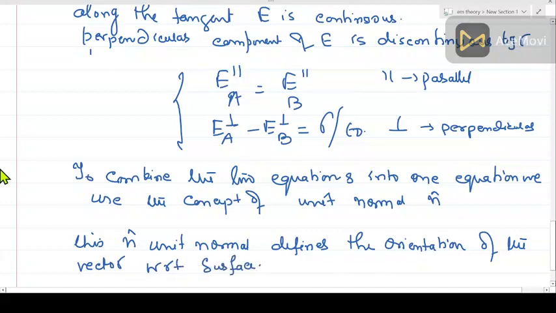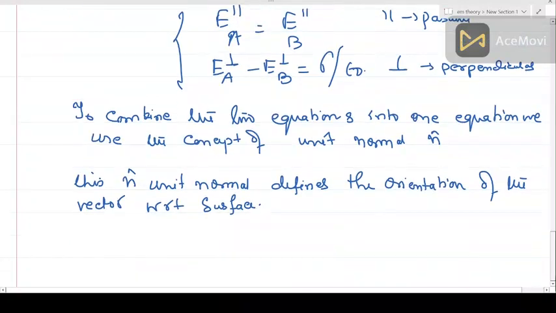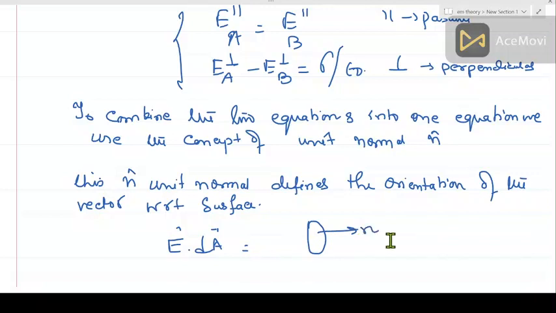In the case of Gauss law or electric flux, you must have studied this equation, E dot dA. This is the area vector and it is defined by a unit normal. Now suppose your surface is this one and you have a unit normal perpendicular to this, then your flux will be equal to 0.